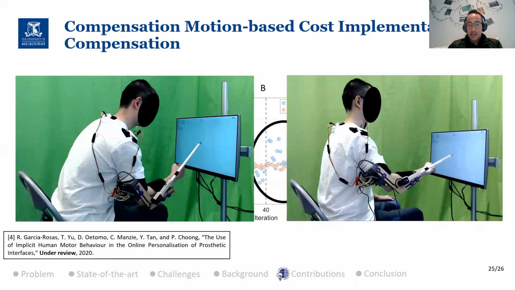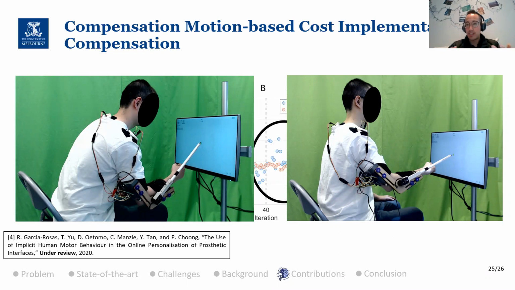And after the personalization, when the algorithm works well and finds the best setting for this person, we get a more natural pose reaching to the screen. And to highlight again, we didn't tell the person what the measure of performance was at all. We just told them you have this arm and you need to touch that point on the screen with the end of the arm.